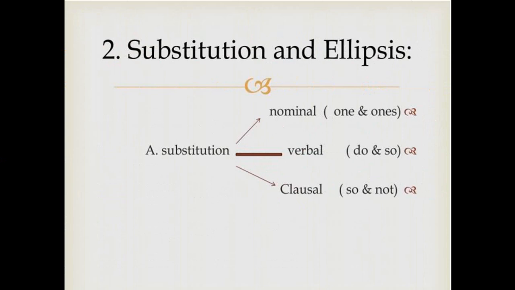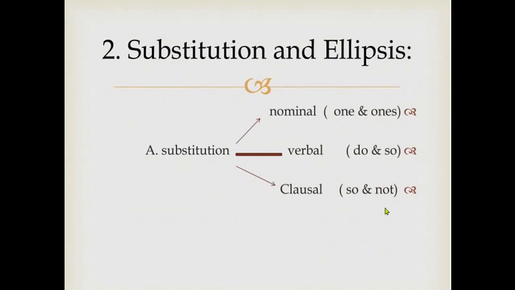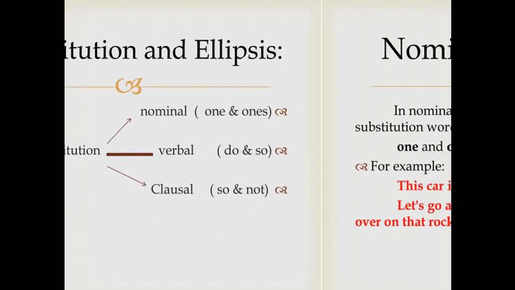Nominal can be called noun substitution, and it can be given with the pronouns one and ones. Verbal substitution can be given with the words do or so, like auxiliary verbs, and clausal substitution can be given with so or not, which means a whole clause.